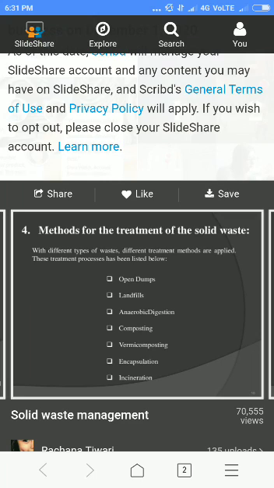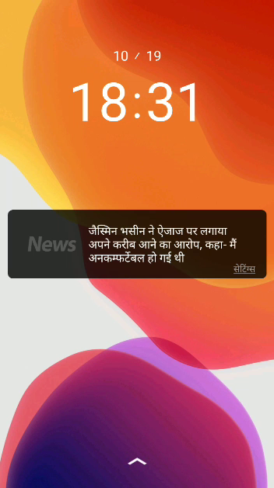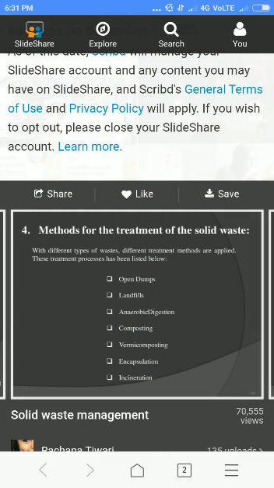So here we can establish a very simple method for solid waste management, and in this case we have to start from the first step: identify the types of waste. After the identification of the types of waste, we have to identify the source of waste, from where this waste is produced.